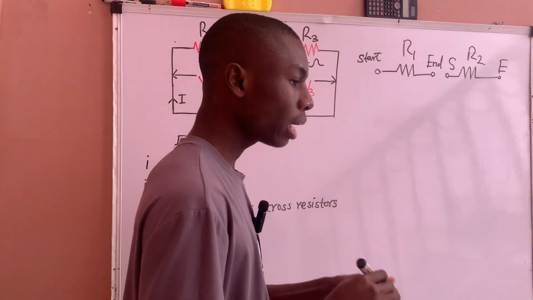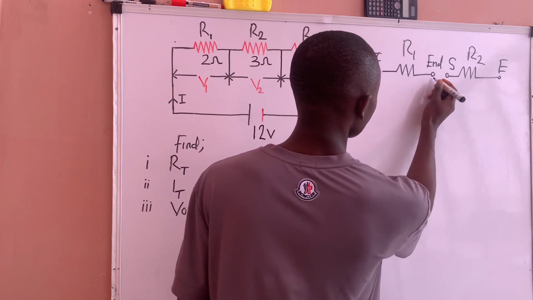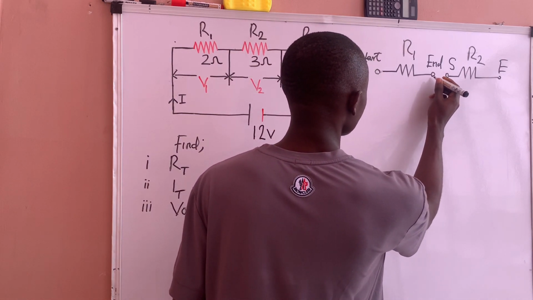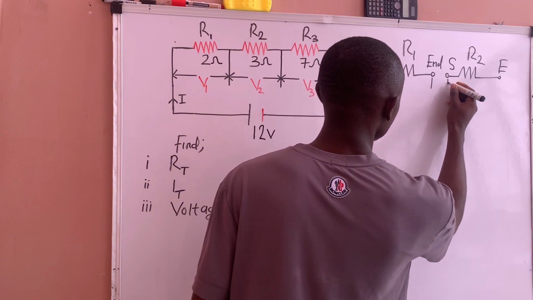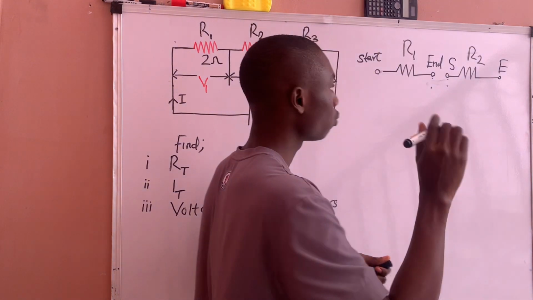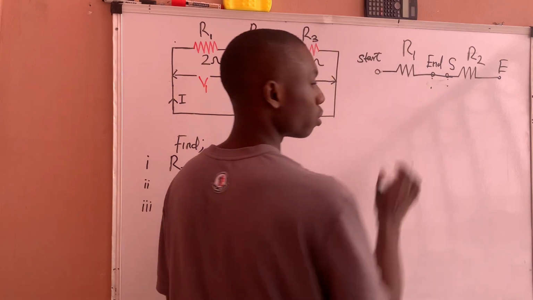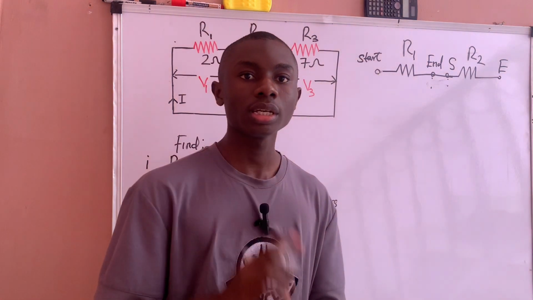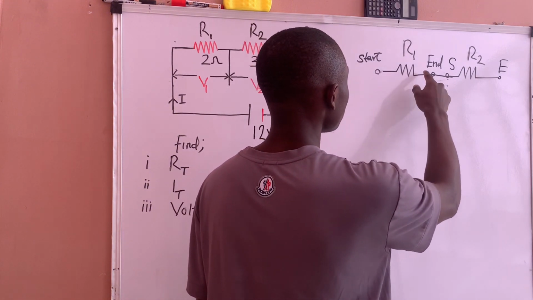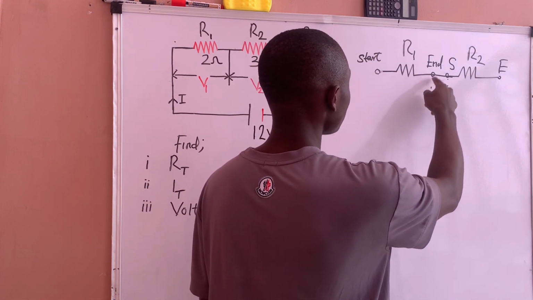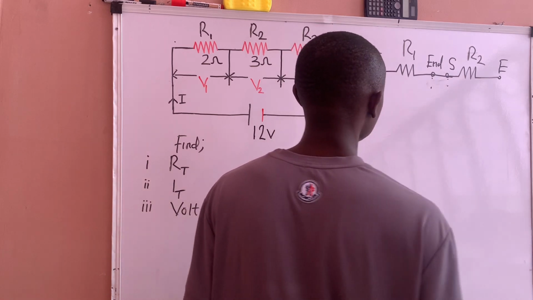So when components are connected end to start, when the end of resistor R1 is connected to the starting terminal of resistor R2, a series circuit is formed.